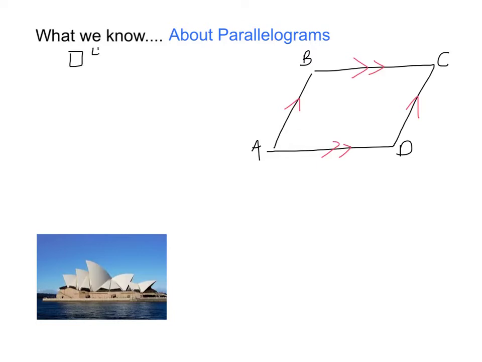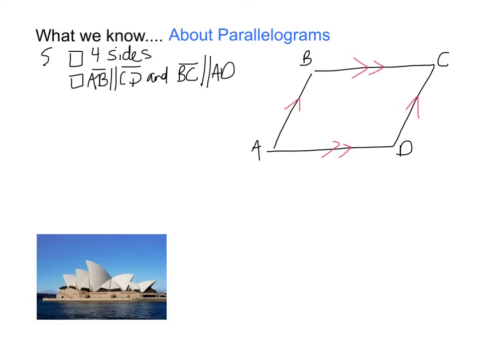I know that it has four sides, because the definition of a parallelogram is that it's a quadrilateral. I also know that AB is parallel to CD, and that BC is parallel to AD. And this section all comes from the definition.